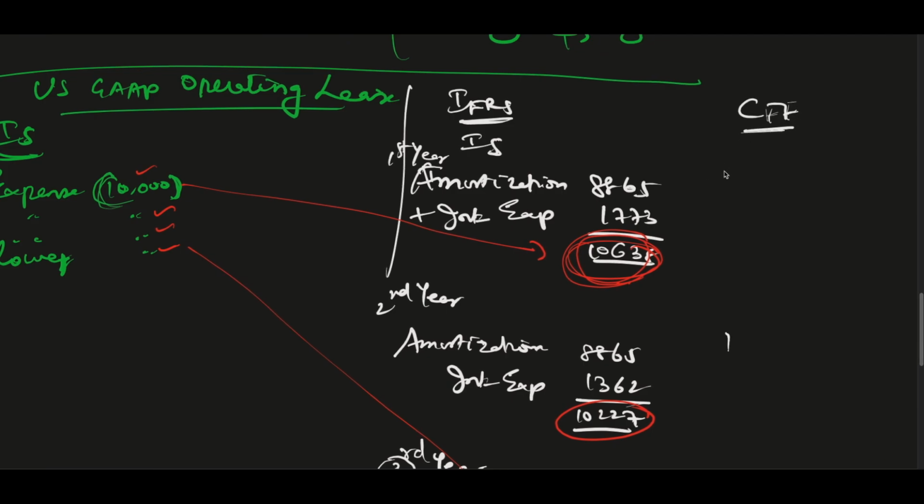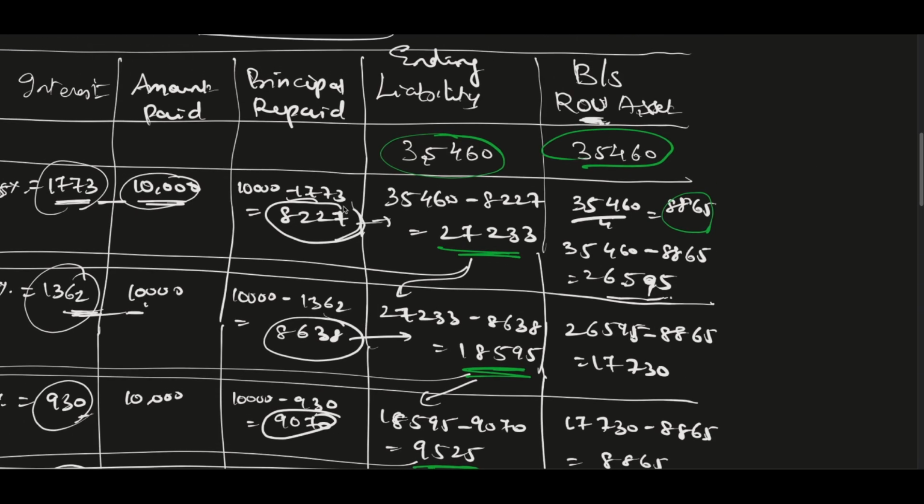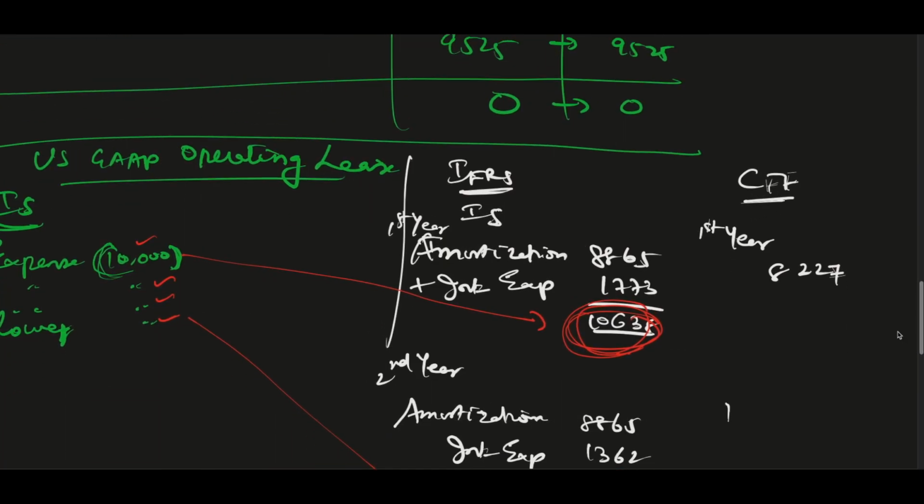Cash flow from financing, first year it will be 8227. This is the first year cash flow from financing, and because we are paying, I'm giving it in minus sign.